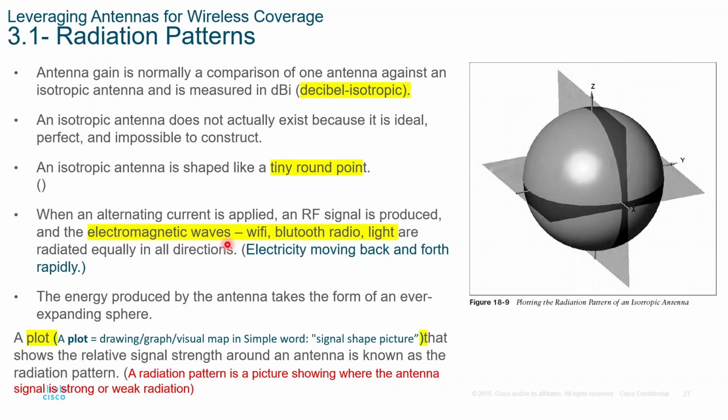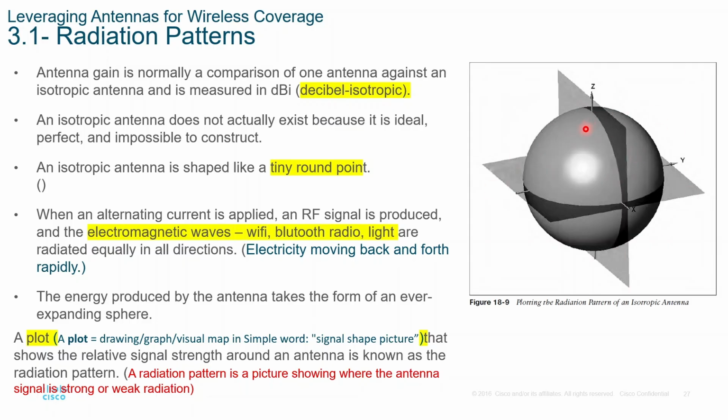RF means radio frequency, as in Wi-Fi, and the electromagnetic waves are radiated equally. The energy produced by the antenna takes the form of an energy wave. When the electromagnetic waves are produced, it covers the whole space, like magnets.